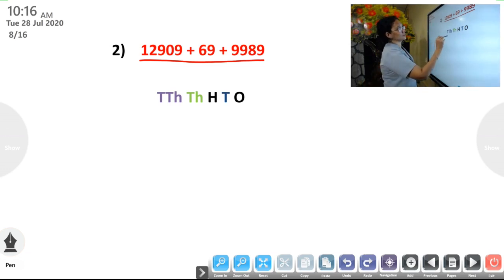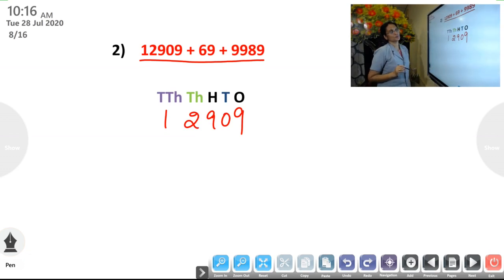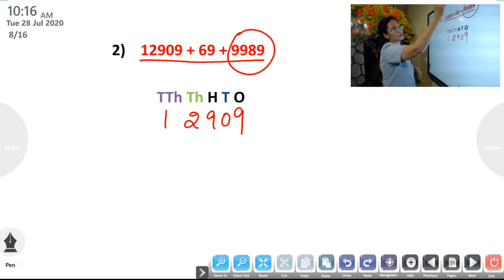So 12,909. This is how you write it. Now the next greatest number is 9,989. No problem if you write 69 first, no problem.